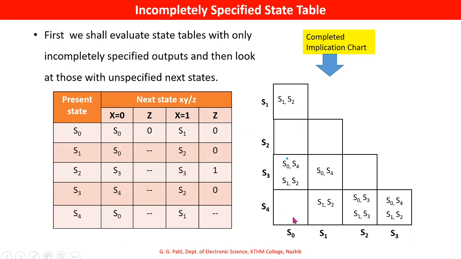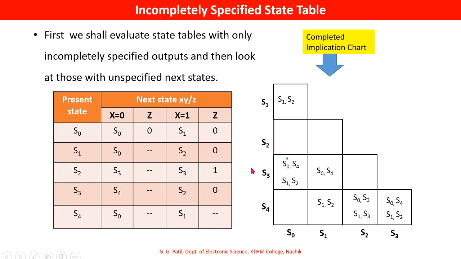Accordingly we prepare the squares, and then initially we take care of outputs and place the cross mark in the respective squares where the outputs are different.